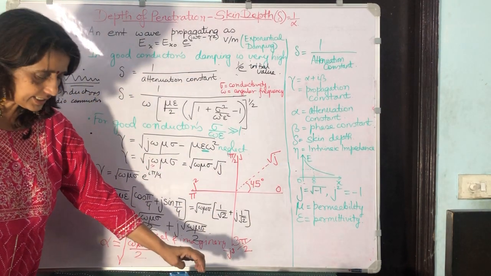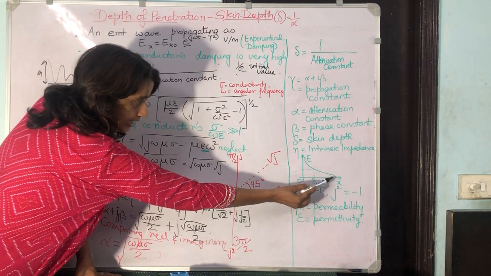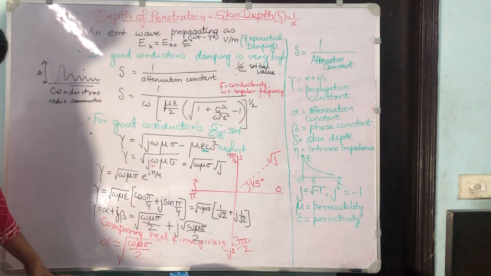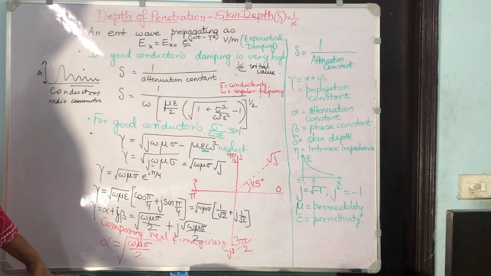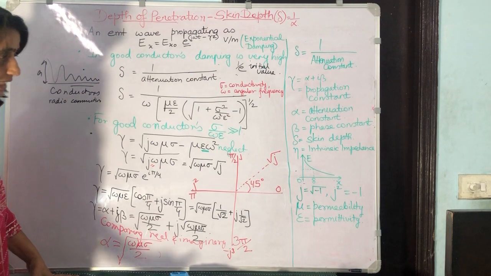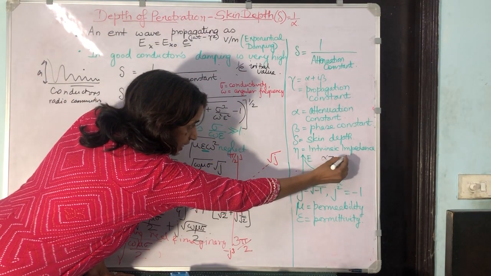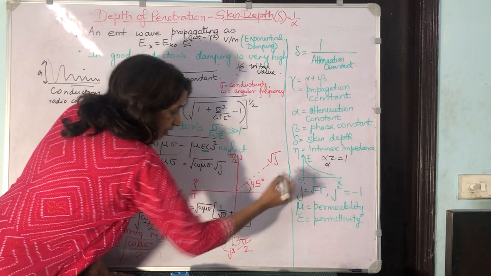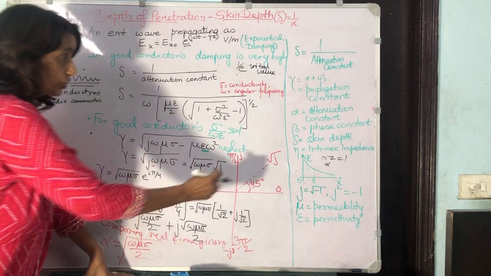So the distance for which the amplitude of the electromagnetic wave decreases by a factor of 1 upon e of its initial value is given by the equation alpha z equal to 1. So alpha z is equal to 1, where z is the penetration depth.